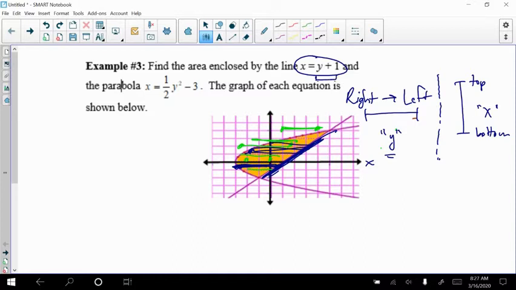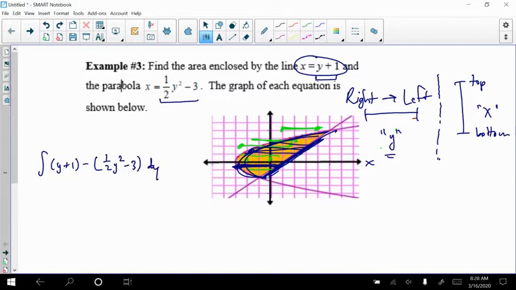That's a little strange until you realize, oh yeah, I need that. So when I set up my integral, I know the right side is going to be y plus 1, and the left boundary, again already solved, is 1/2 y squared minus 3.